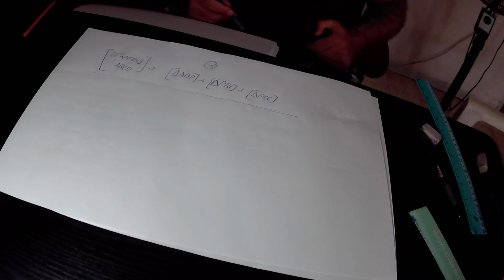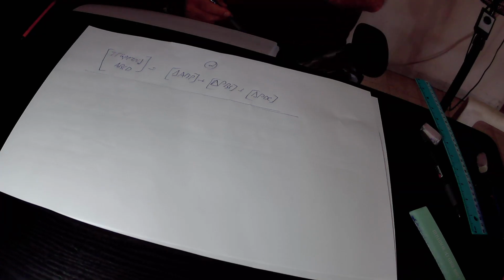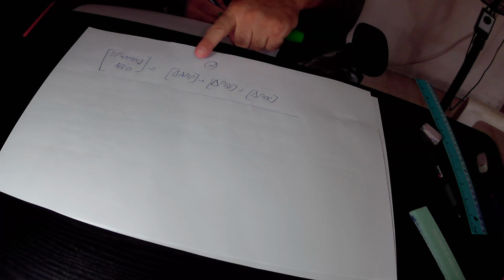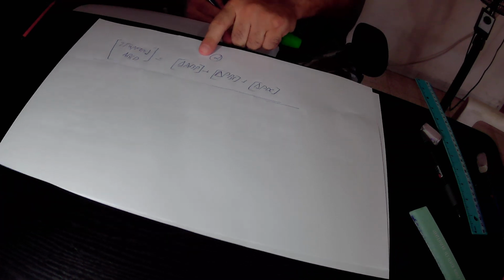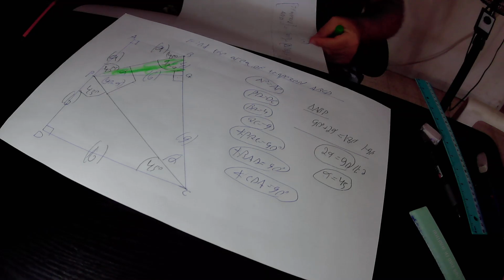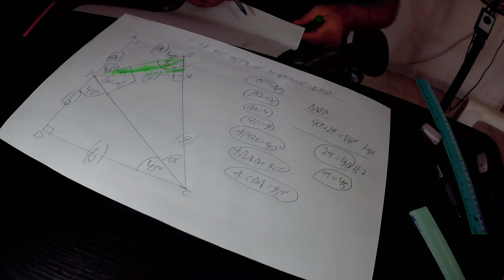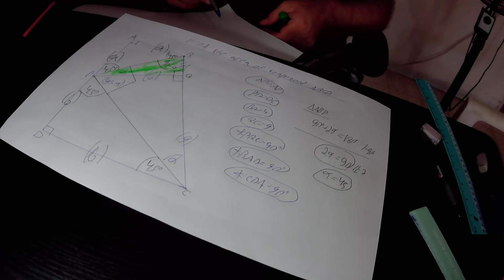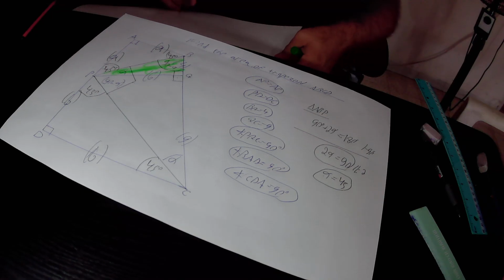So, in the first step, we find the area of each component, and we add the three areas together, and this will be the area that we are looking for, the area of trapezoid ABCD. What is the area of the small right triangle ABP? The area of any triangle equals the base times the height over 2.